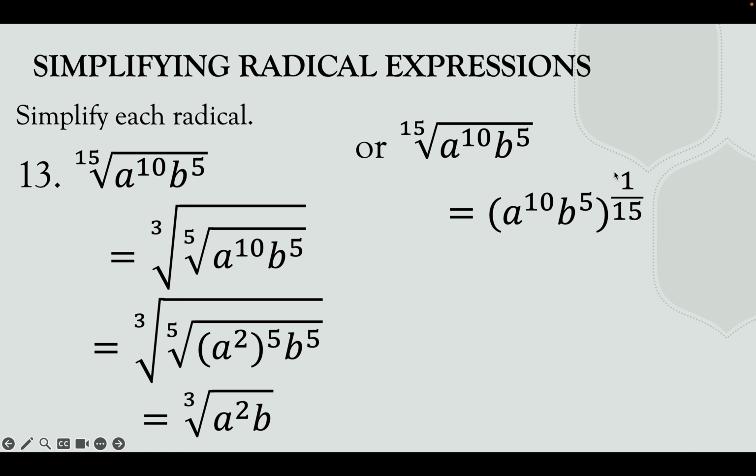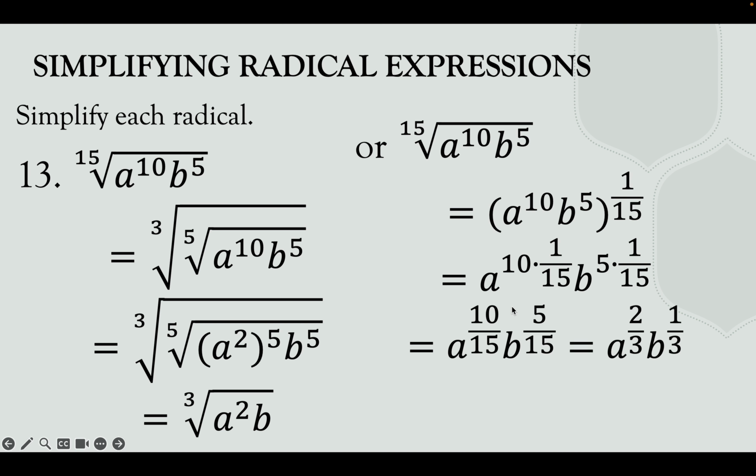So distribute the exponent there to the exponents of the variables. We have a raised to 10 times 1 over 15, b raised to 5 times 1 over 15. So we have a raised to 10 over 15, and then b raised to 5 over 15. So simplify, we have a raised to 2/3, b raised to 1/3.